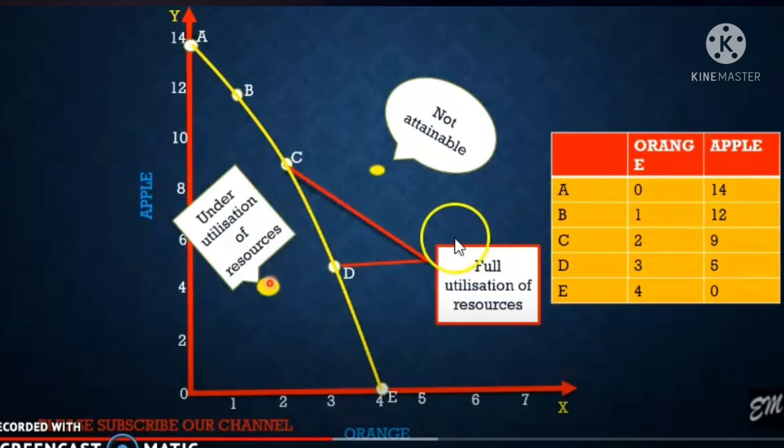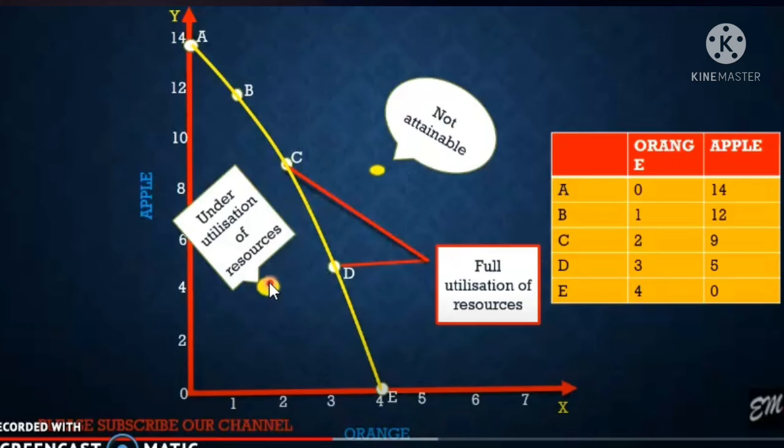So a point inside the curve is underutilization of resources, because when we produce 2 oranges, we can produce almost 9 units of apples. But here only 4 units of apples are produced. So it's a very big underutilization of resources. It can't be affordable. The maximum we can produce is 9.